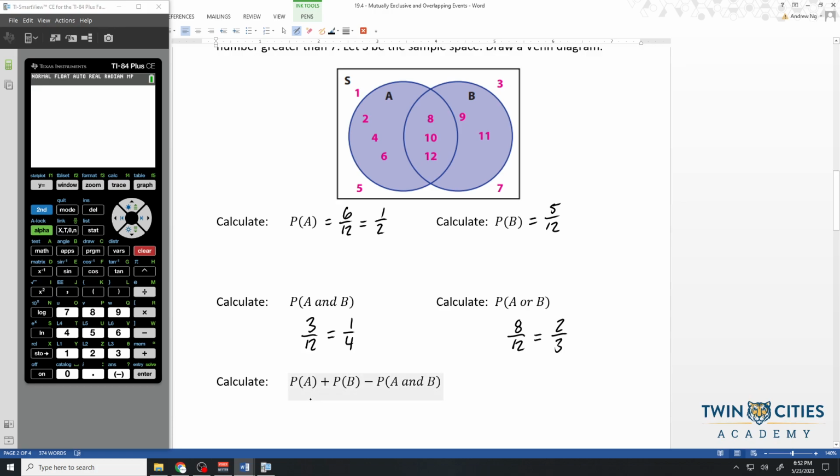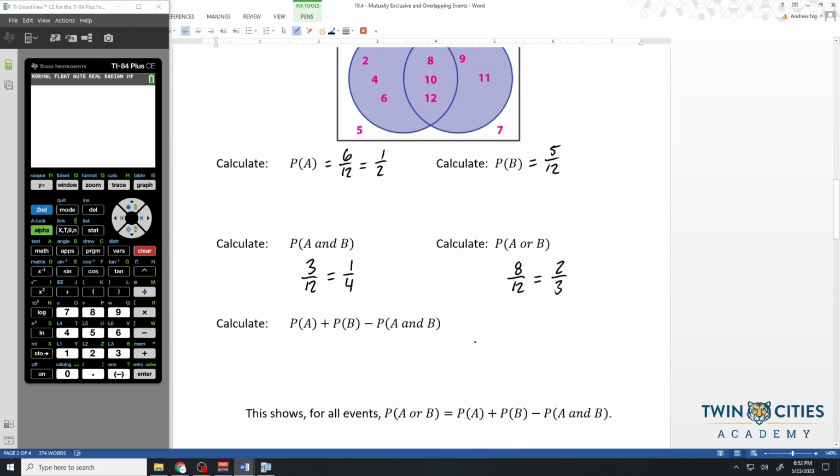So instead, let's calculate this. What's the probability of A plus the probability of B minus the probability of A and B? So the probability of A is 6 over 12 plus the probability of B is 5 over 12 minus the probability of A and B is 3 over 12.